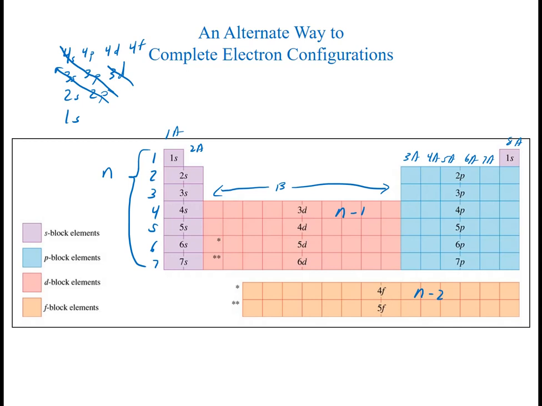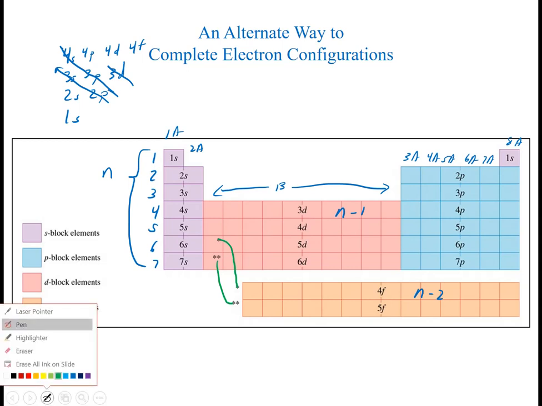So this one star corresponds to this star, this corresponds to that, and this corresponds to that. And so it actually goes 6s, 4f, and then 5d.